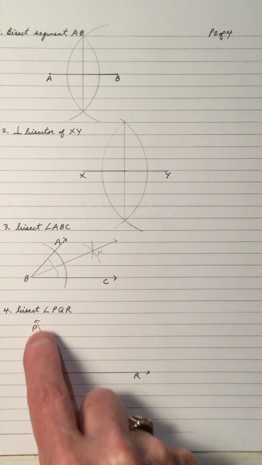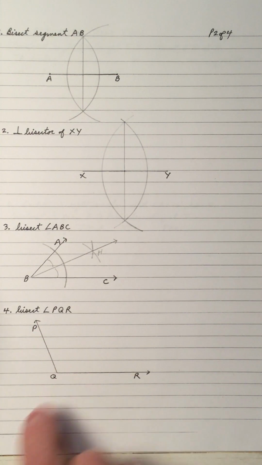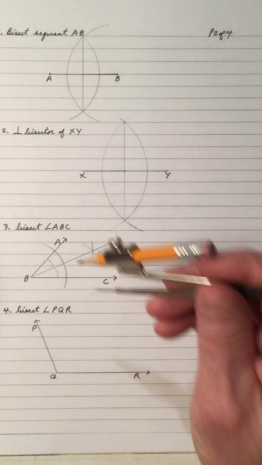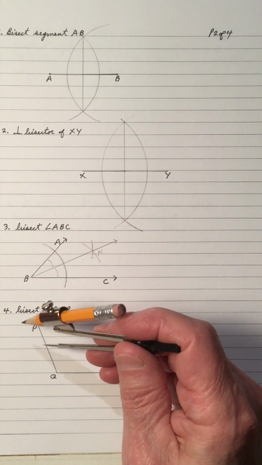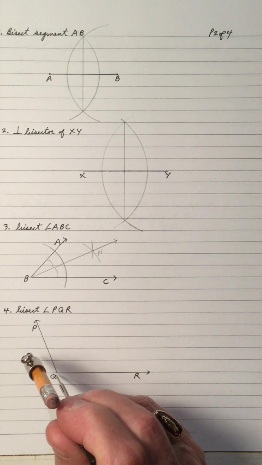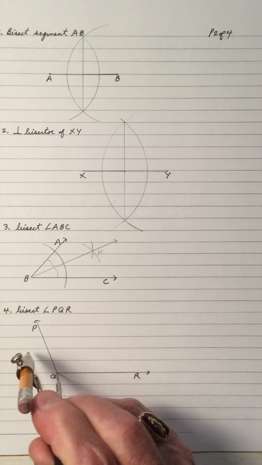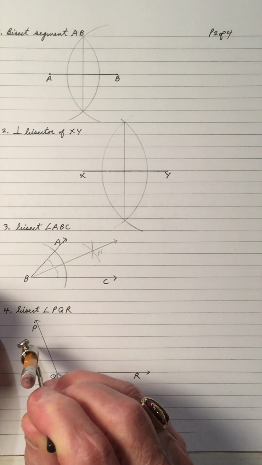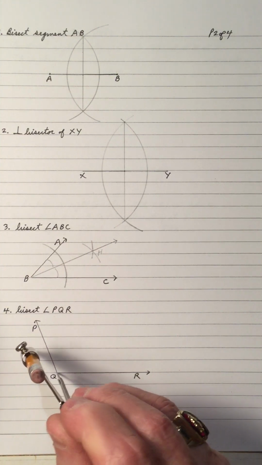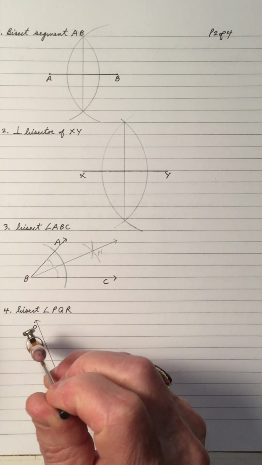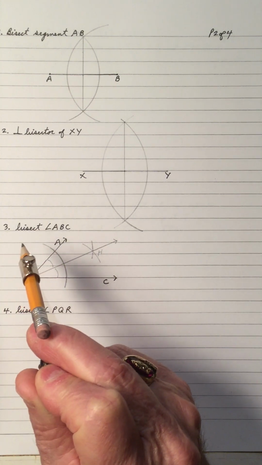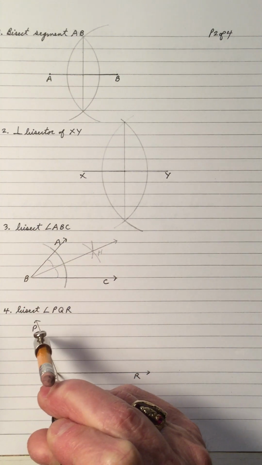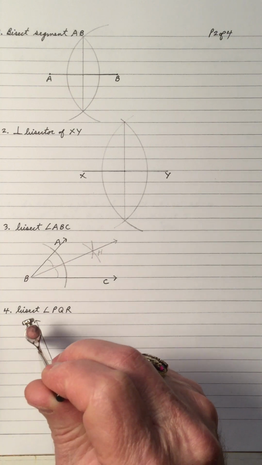Now, we have another one. Bisect angle PQR. This time, notice that this angle is greater than 90, so we're going to bisect it. So we place the compass at Q, its vertex, and we draw an arc to cut both rays. And again, the opening distance, you don't have to go way out like that, but we have to make it reasonable. So we bring it in and cut there.